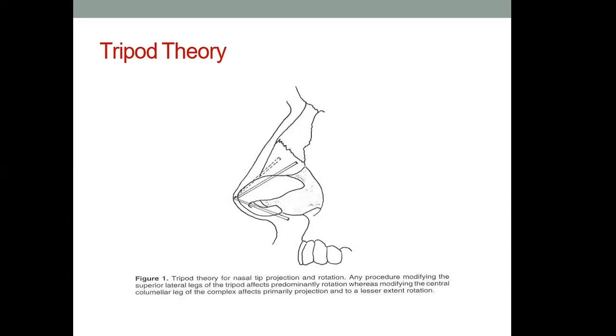The nasal tip has 3 legs, medial and 2 lateral, which is the medial crura in the midline and the lateral crura from the lateral side. If there is more rotation, that means the medial crura will be elongated and the lateral crura will be shortened, and vice versa for derotation.